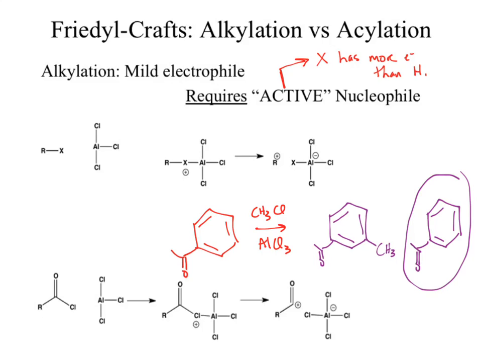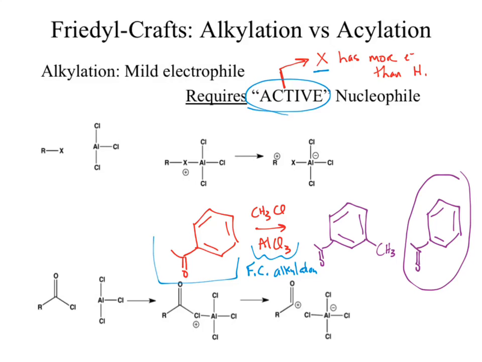What type of reaction were we attempting to do? Substitution. It is a substitution reaction. It might be up at the top of the slides: a Friedel-Crafts alkylation. The special conditions for the Friedel-Crafts alkylation require an active nucleophile. Atom X must have more electrons than hydrogen. Where's our nucleophile? The ring.